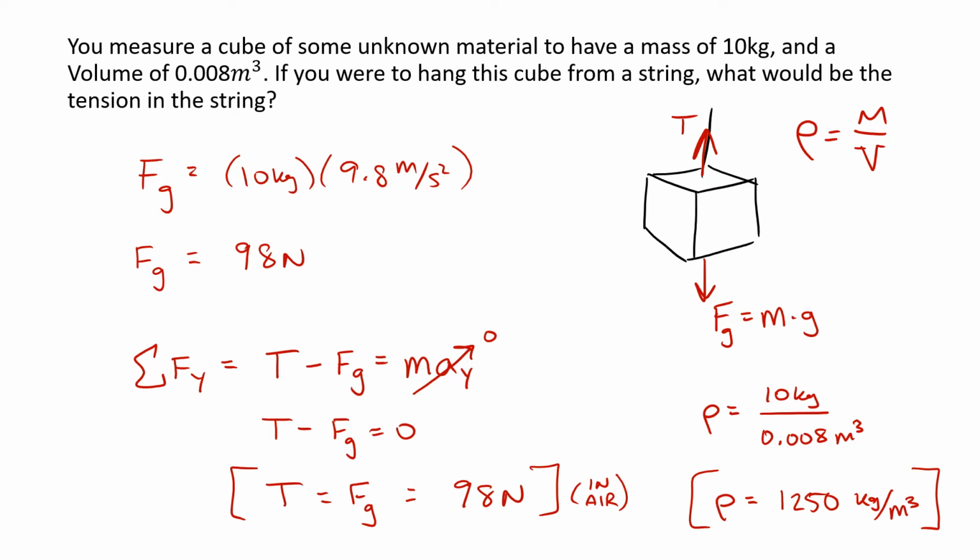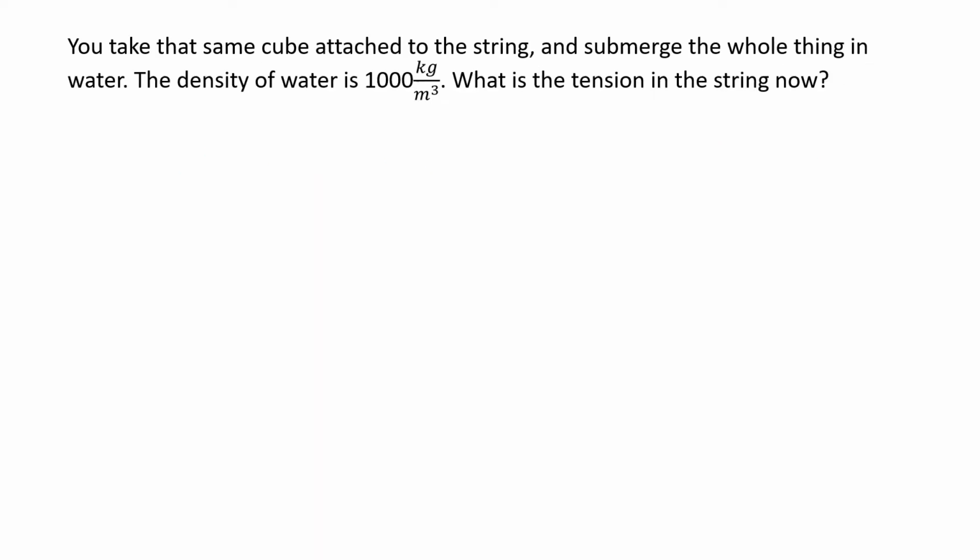All right, so we've found the tension in air. What if we take that same system, take that block, and submerge it in water? Or it could be any other type of fluid. They'd give you the density. I'm giving you the density of water in this problem right here.